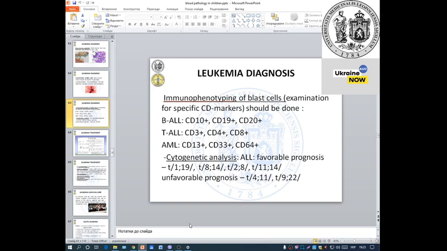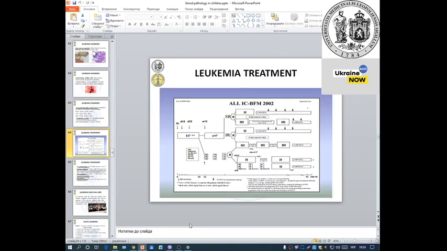Cytogenetic analysis can find translocations typical for leukemia with favorable or unfavorable prognosis. Acute leukemia should be treated with modern program chemotherapy.